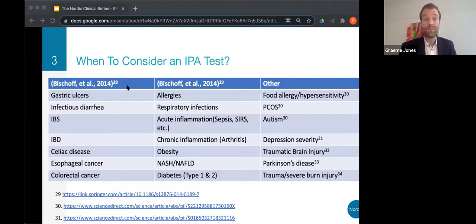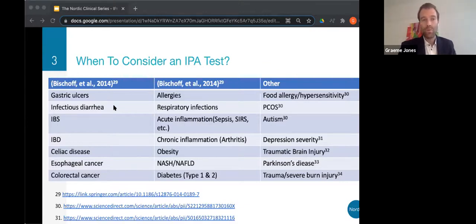Our gut is supposed to be leaky, permeable to absorb food and nutrients. But what we don't want is a hyperpermeable state where bacteria or endotoxins make their way across the mucosal lining, the epithelium. So here we have some very obvious cases.